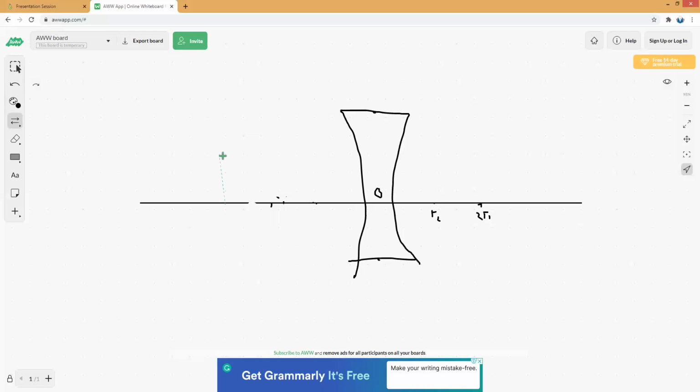The first ray should be like this, right? Let's take the focus, since we need it to show the refraction. So the first one would be going like this, and you make this dotted.